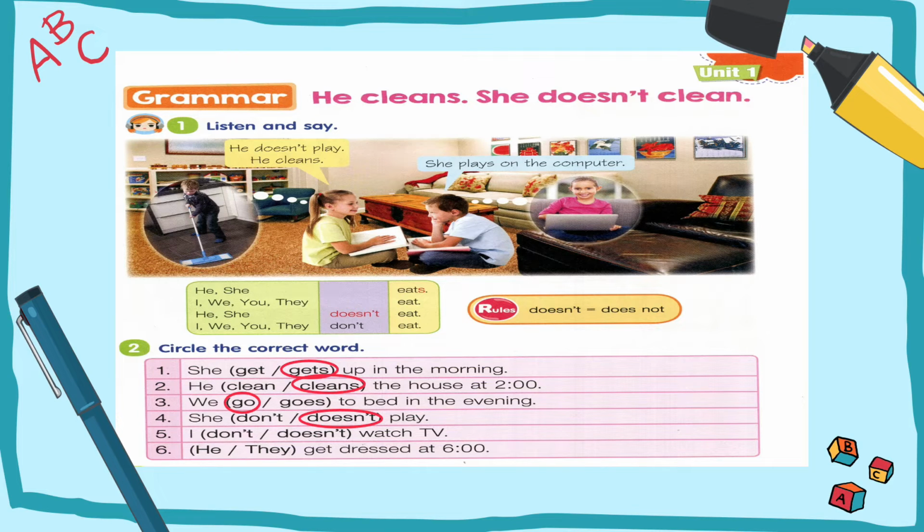Doesn't watch TV. Okay, great. I don't watch TV. Number 6. They get dressed at 6 o'clock. Great. They get dressed at 6 o'clock. Very good, students.